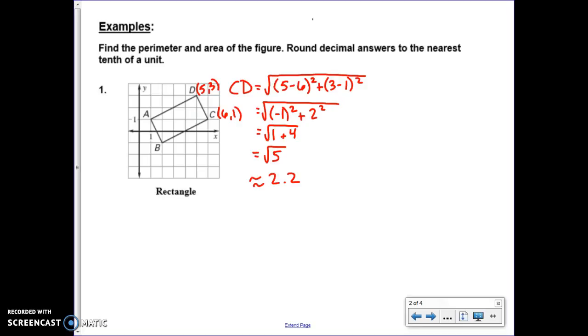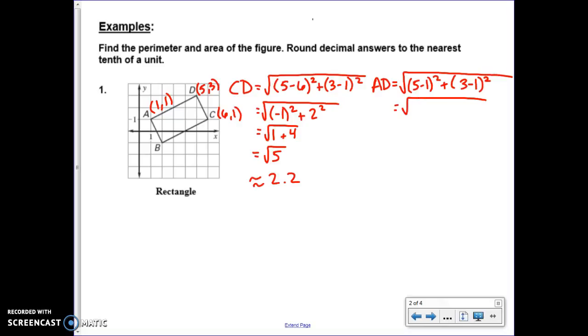All right, and then if we look at AD, A is 1, 1. Because I know that the length of AD should be the same as the length of BC, I can subtract 5 minus 1 and square it, and then 3 minus 1 and square it.